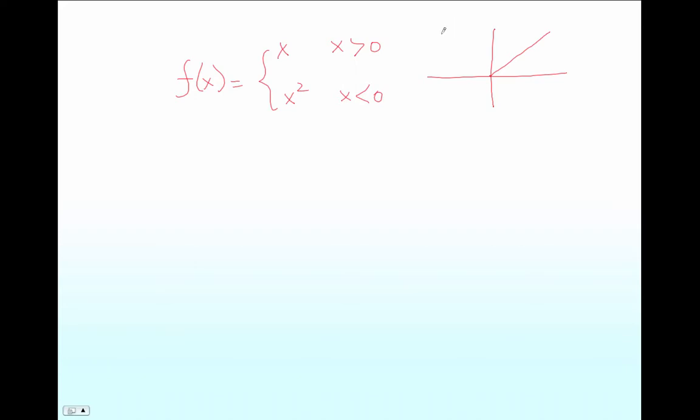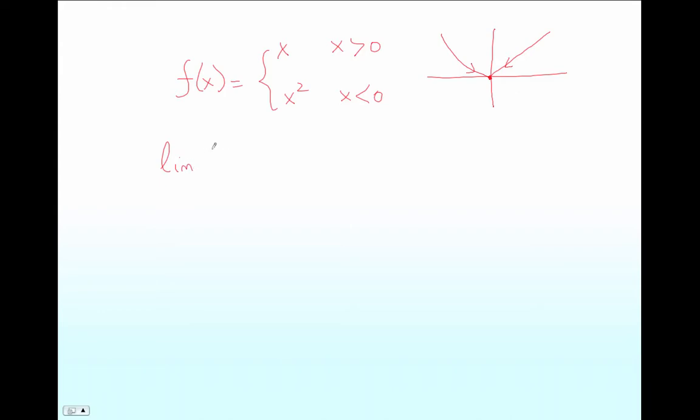To the left it is a parabola that starts off at x equals 0 and goes to the left and increases its value. At x equal to 0, as we come in from the left or we come in from the right, the function reaches the value 0. Hence, it is continuous. But what about the derivative?